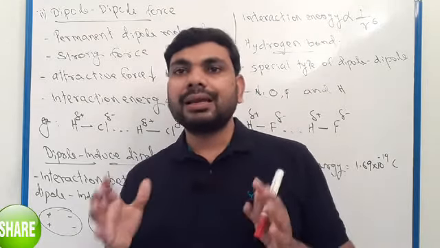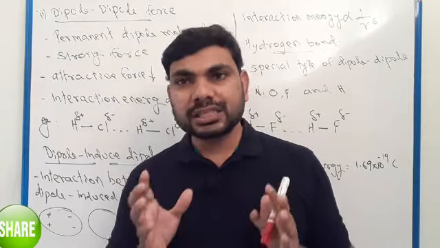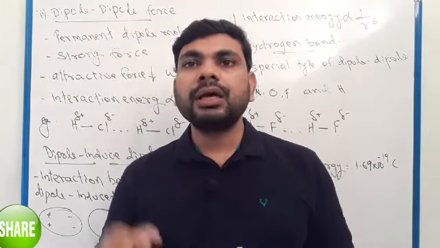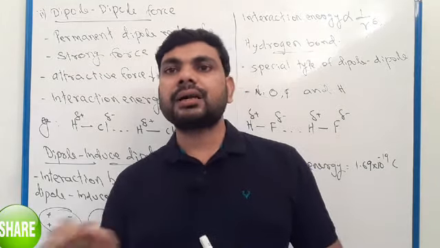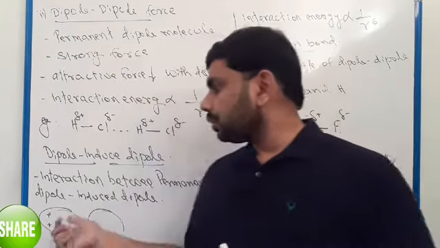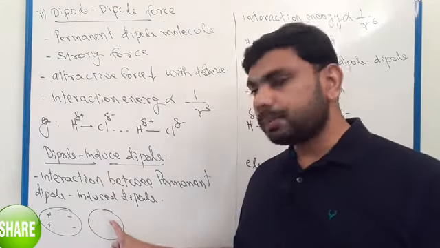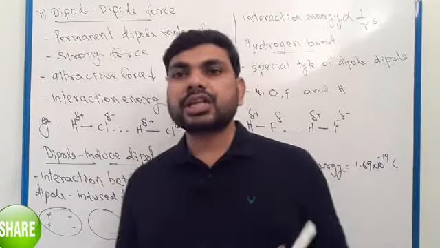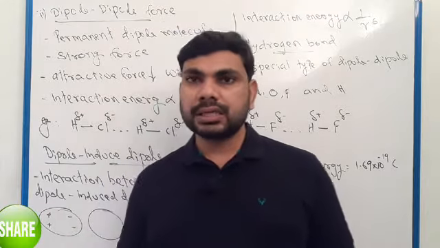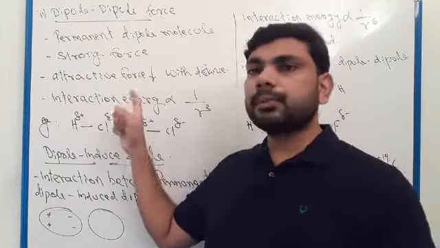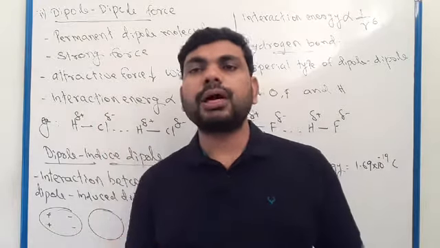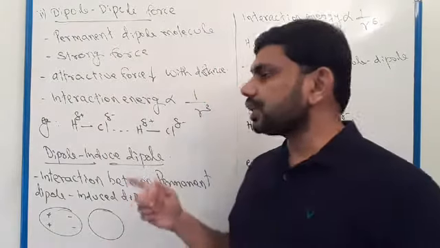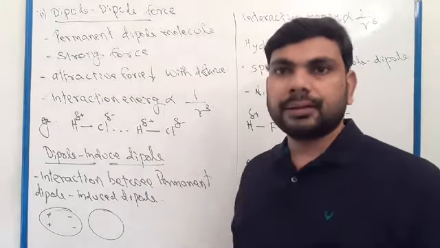In London force there are non-polar molecules, so the interaction energy is 1 by r raised to 6. Here also there is one polar and one non-polar molecule, so 1 by r raised to 6. But in dipole-dipole interaction, two permanent polar molecules, so the interaction energy is 1 by r raised to 3.